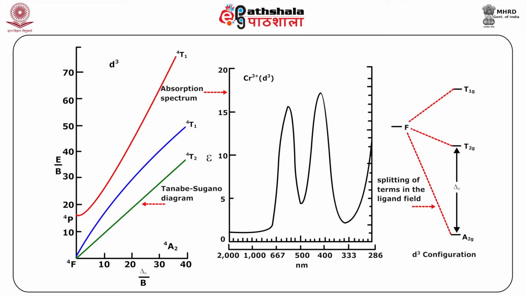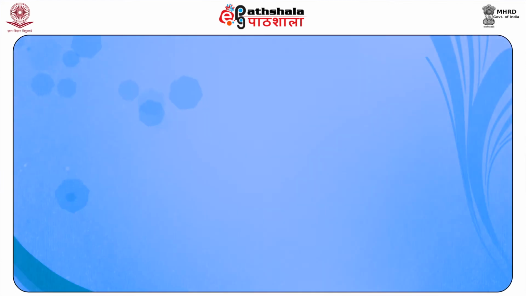The Tanabe-Sugano diagram for this configuration can be represented in the figure. Examples of this electronic configuration include the chromium 3 plus complex having the aqua ligand in octahedral geometry. Figure 6 shows the Tanabe-Sugano diagram and the absorption spectrum for the d3 configuration.